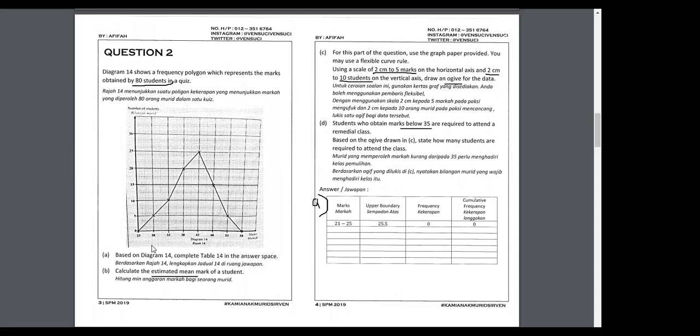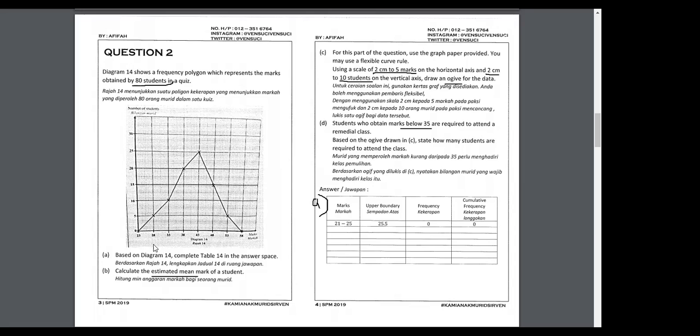You see 35.5; before that is 35, and before the line is 45. So you plot a dash line, touch the ogive line, and then use the ruler to draw another dash line to see how many students there are. So you get the answer 40.